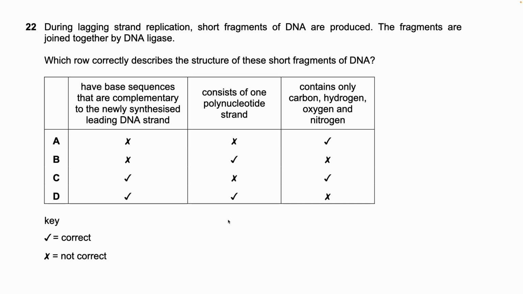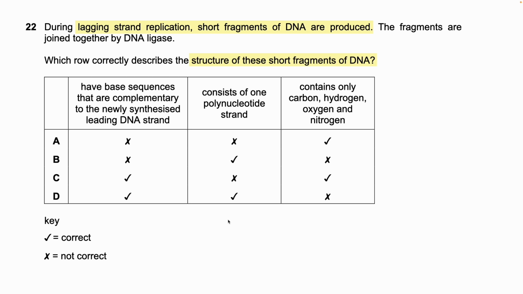Question 22. During lagging strand replication, short fragments of DNA are produced, which are the Okazaki fragments. The fragments are joined together by DNA ligase. Which row correctly describes the structure of these short fragments of DNA?